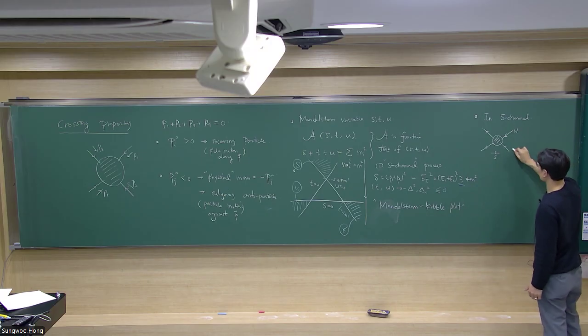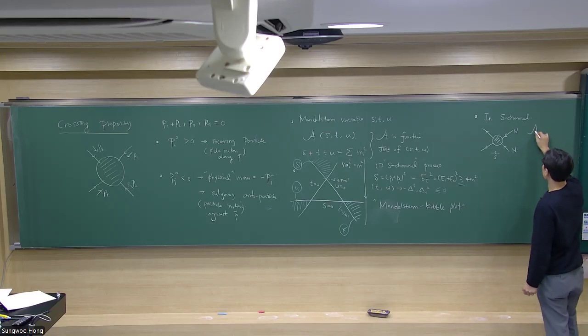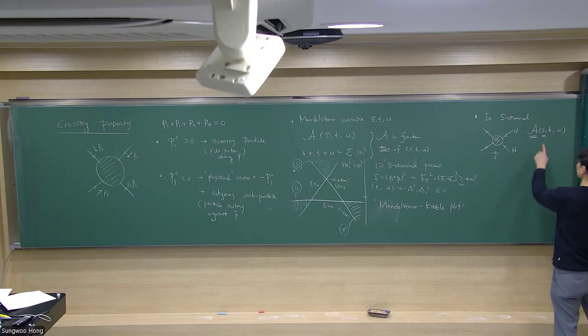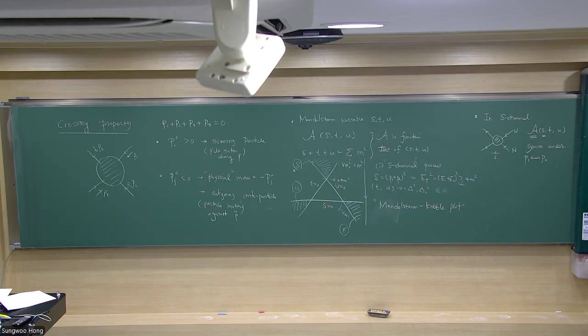So just to make it absolutely clear, let me just put in N and N. So they are identical particles. Which means that this amplitude, S, T, U, now that I'm in the S channel, should be symmetric under swapping P1 with P2. Right? So that's what bosonic statistics will say.